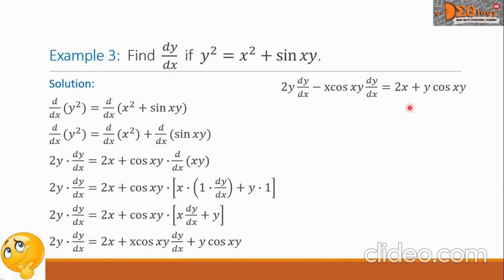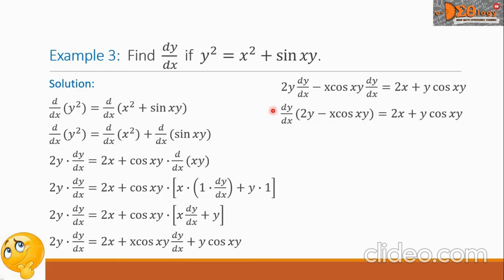So it will be like this now. And on the left side, we are going to factor out the dy over dx. And it will be like this. Dy over dx times the quantity 2y minus x cosine of xy equals the right side will just be same.